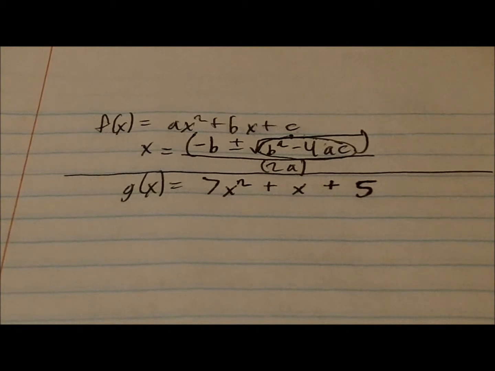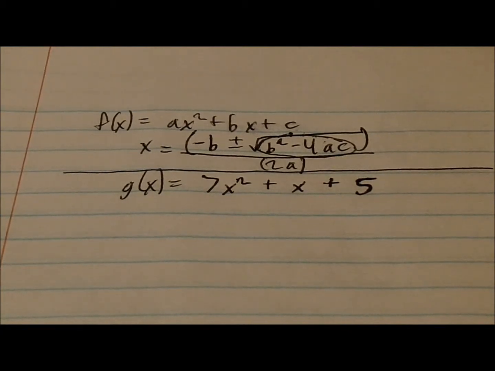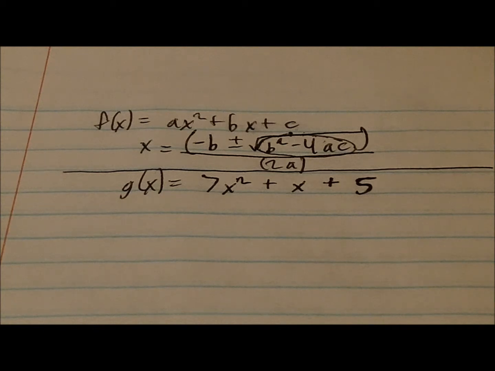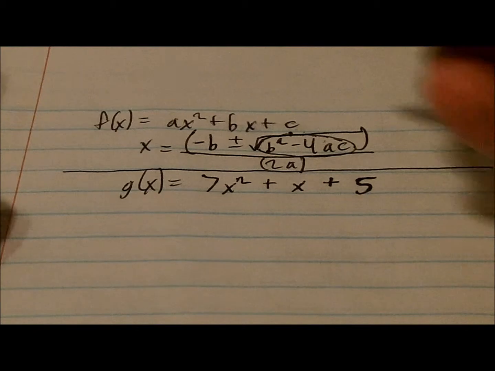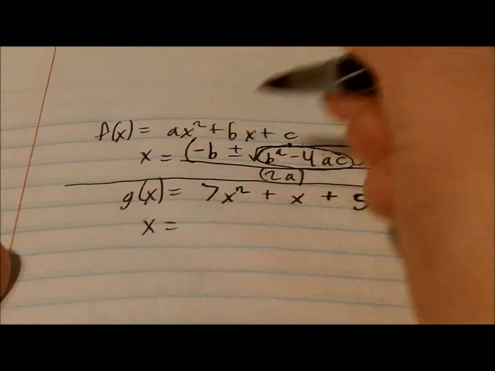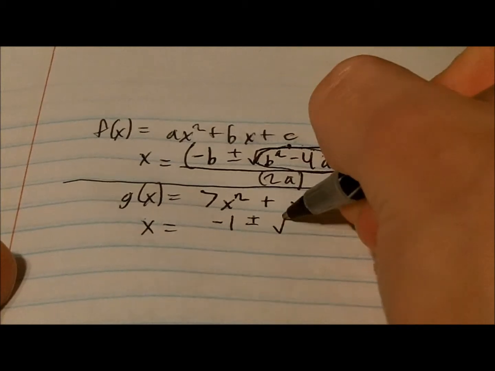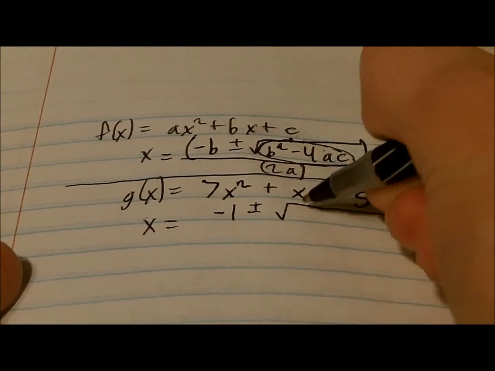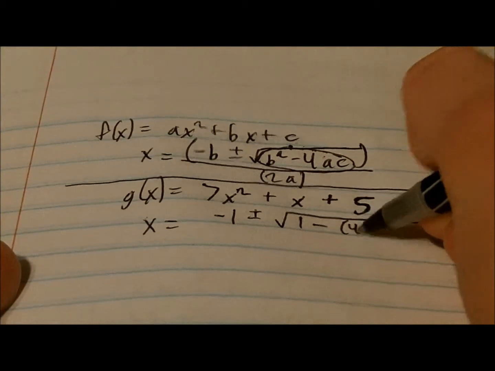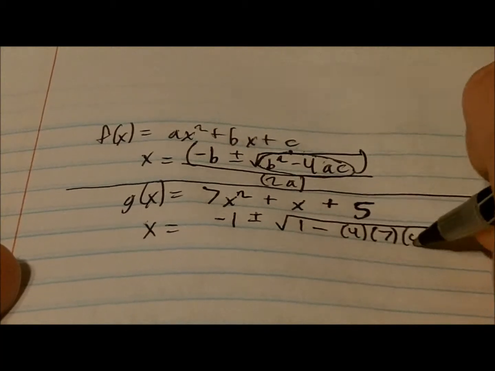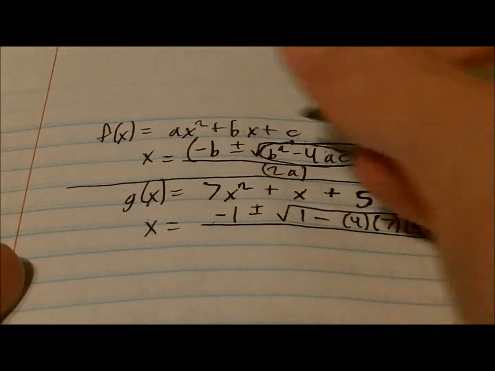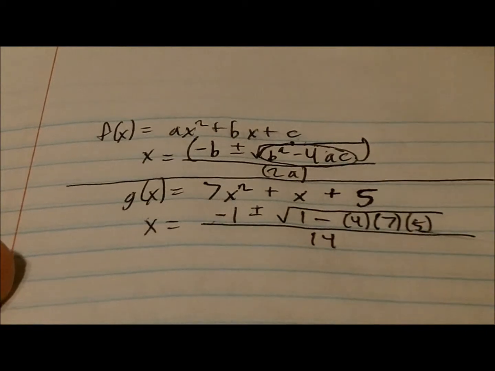Now we can try to factor this, but it probably won't be easy to factor. So what I recommend in this case is to use the quadratic formula. Let's just try it. Negative 1 plus or minus the square root of, then we take b squared, that's just 1, minus the quantity 4 times 7 times 5, and we divide it all by 2 times a, which is 14.